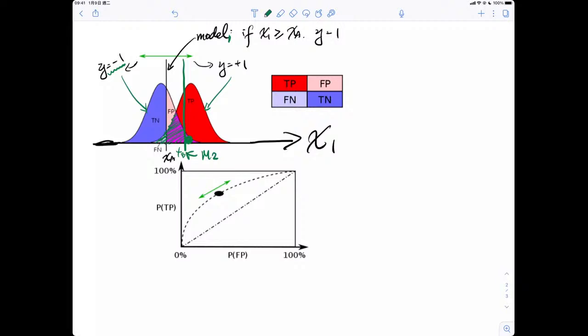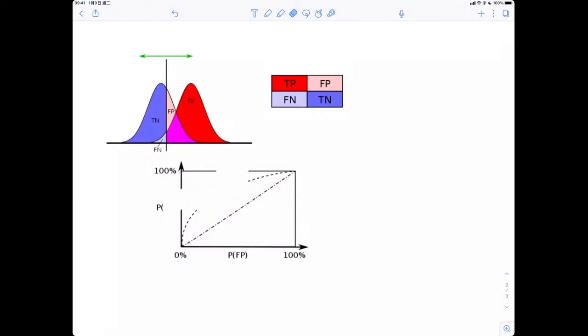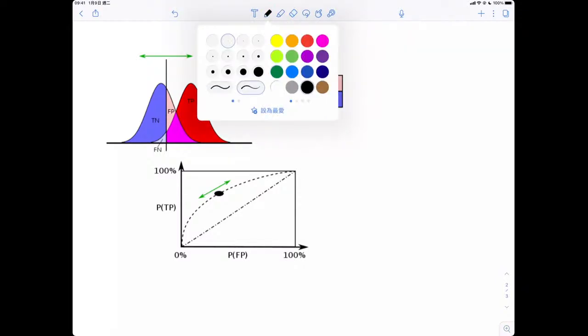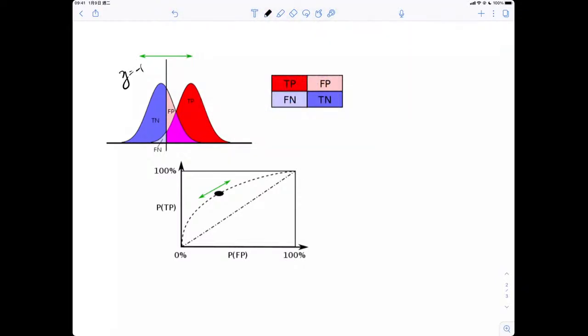If we remove all of these things and just take a look at the view graph, we can see that the blue part is true negative. It's true negative because there are some data points originally labeled as minus 1, and your model, which is this black line, says this is less than a certain value, for example a.